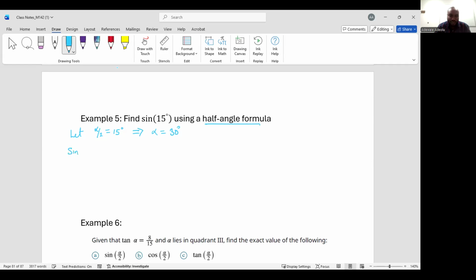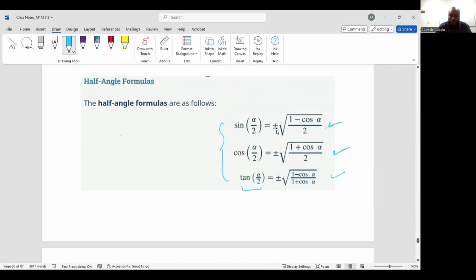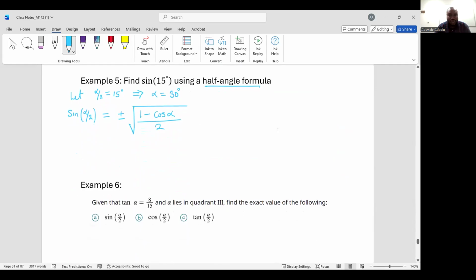Now, sine of alpha over 2 is plus or minus square root of 1 minus cosine of alpha over 2. That is using this. Now, I will say that my answer is positive because 15 degrees is in the first quadrant and sine is positive there. So I will stick to positive.